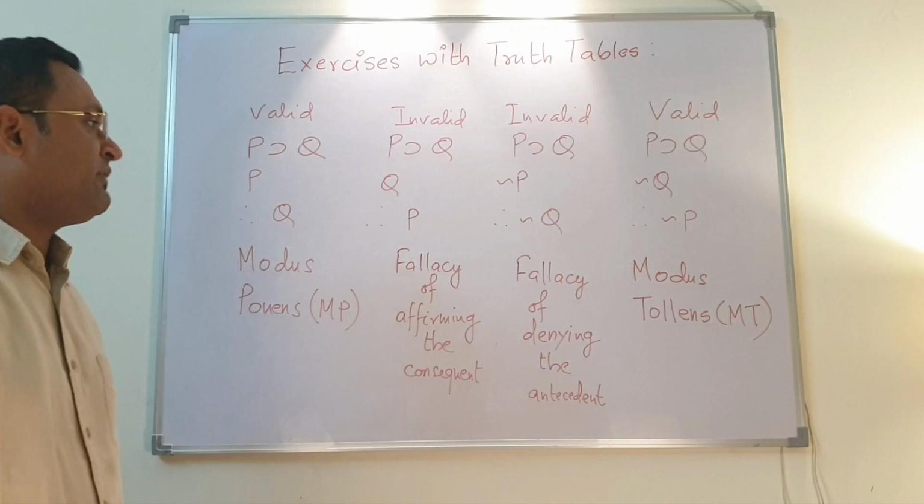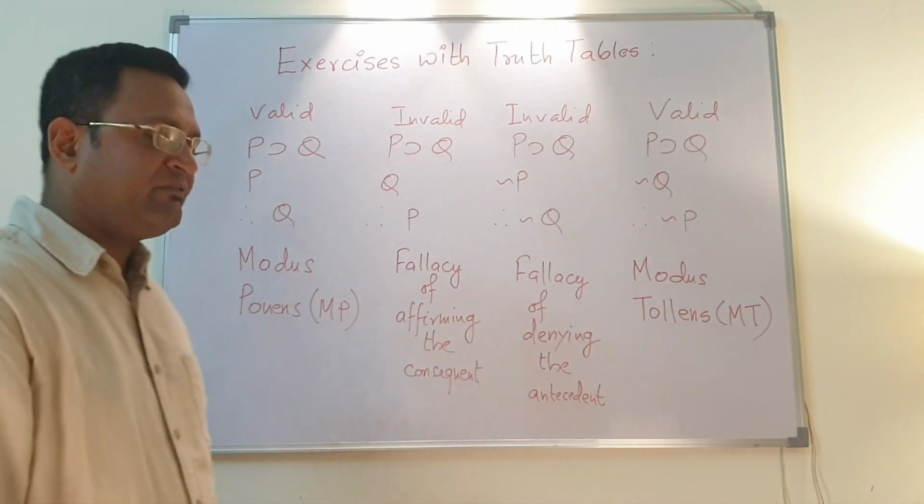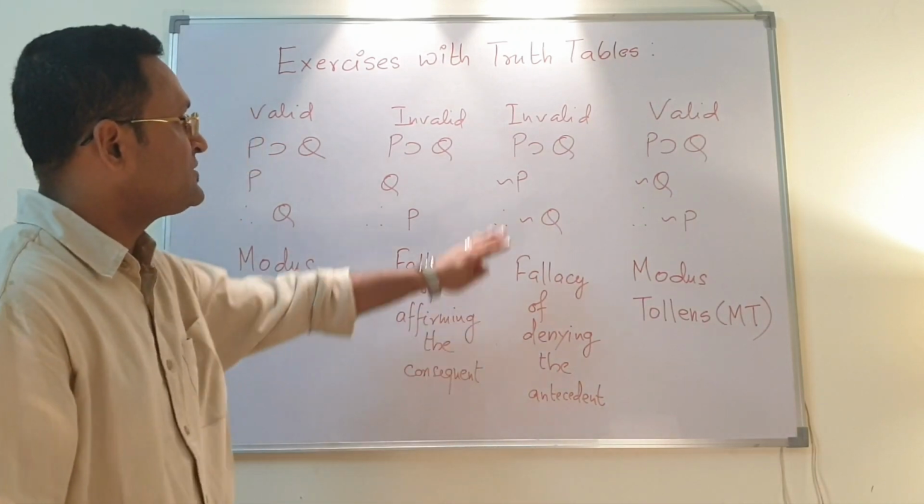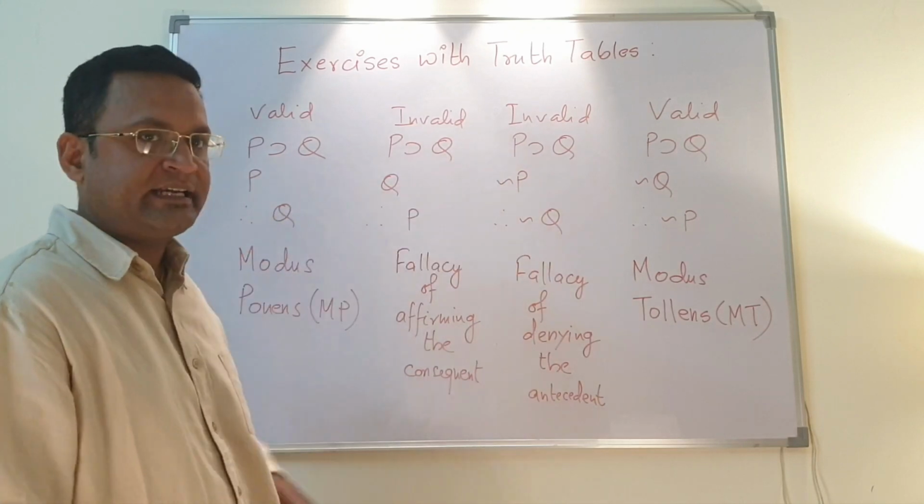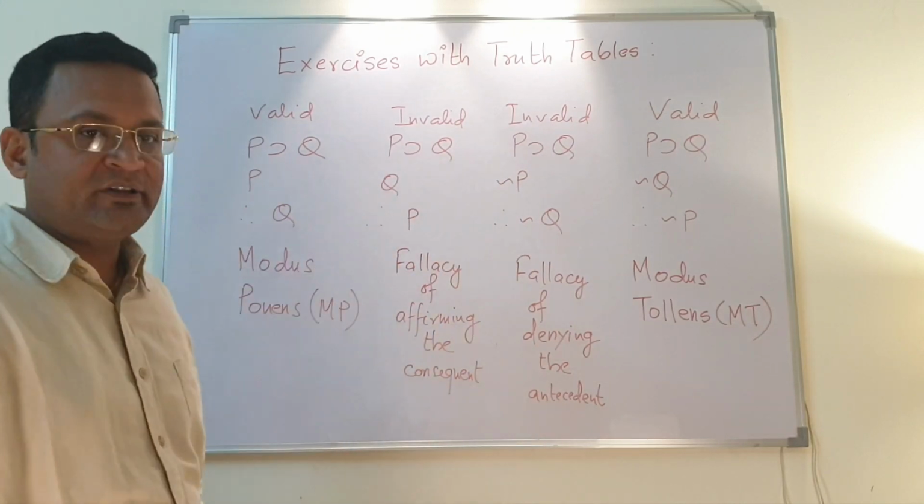Fine. So fallacy of affirming the consequent and fallacy of denying the antecedent. So this is called fallacy of denying the antecedent. This is called the fallacy of affirming the consequent.